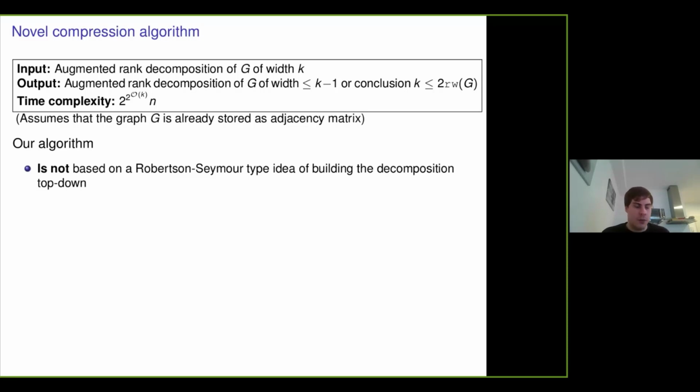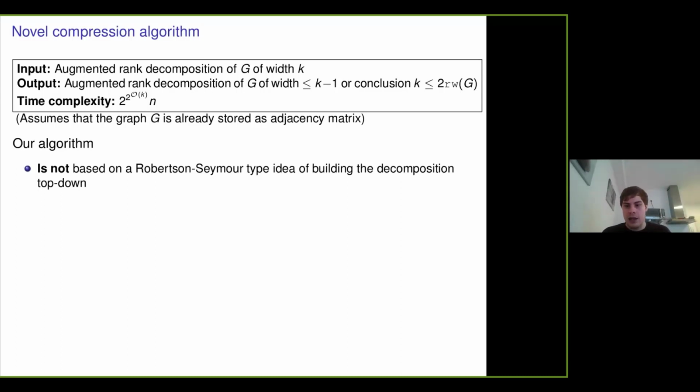Our algorithm, the first thing I'll say, is that a lot of these approximation algorithms for rank width, branch width and tree width are based on the Robertson-Seymour type idea of building the decomposition top down.